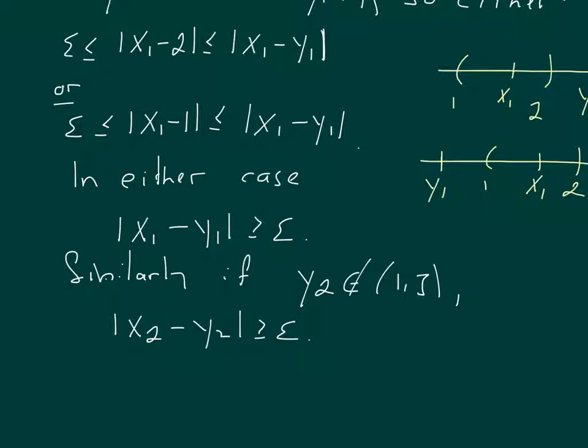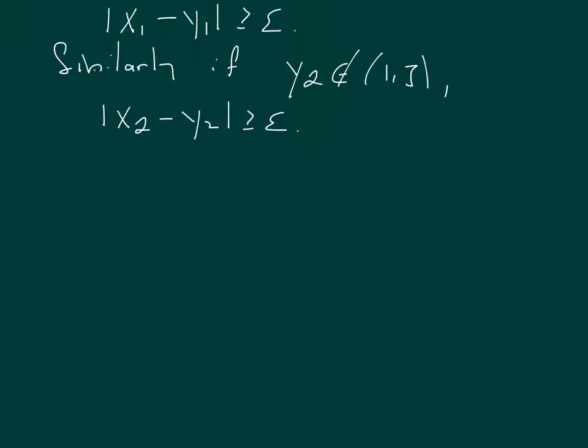So one of these two terms is going to be greater than or equal to epsilon, and therefore we can say that if we take this term here and square it, and this term here and square it, well, either this term squared is greater than or equal to epsilon squared, or this term squared is greater than or equal to epsilon squared, and both are greater than or equal to 0, so the sum is certainly going to be greater than or equal to epsilon squared plus 0, if you like, which is epsilon squared.